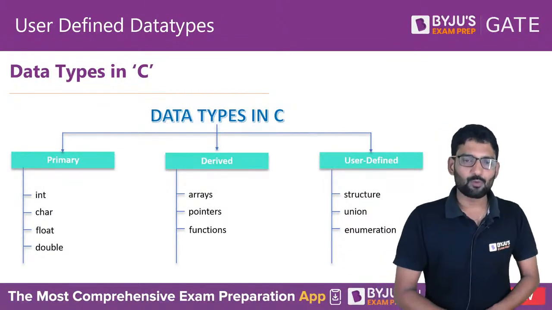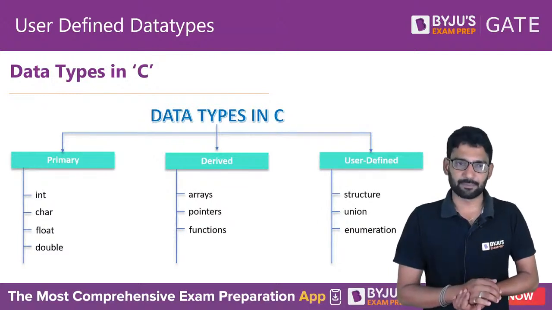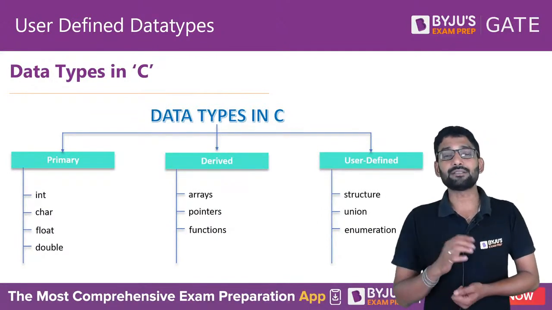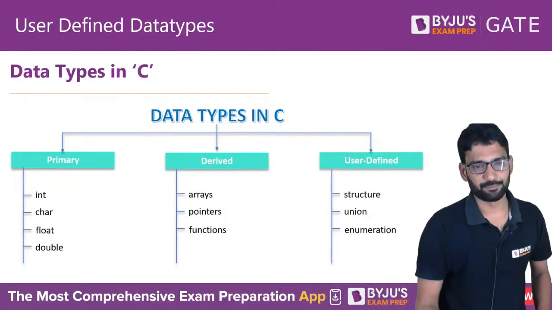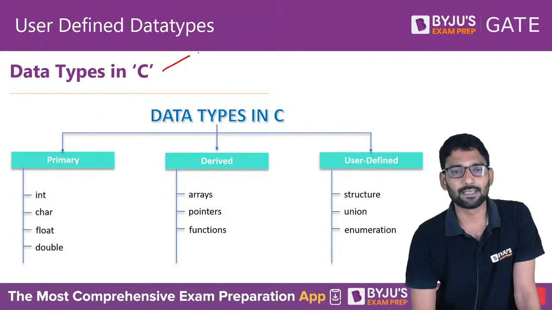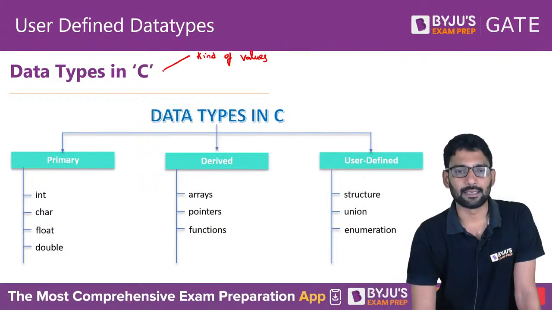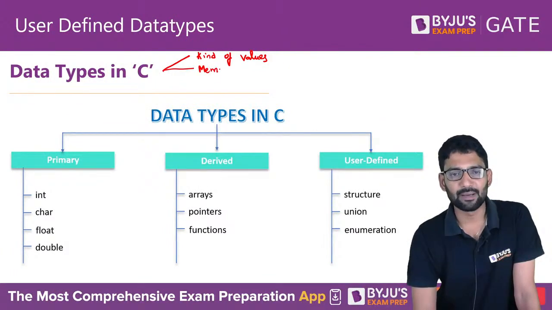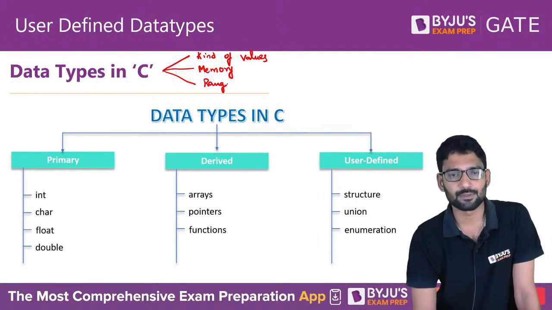First of all, what is a data type? Whenever we say data type, it is defining three parameters for a variable. Data type defines what kind of values you can give for the variable, what is the memory requirement for the variable, and the range of values.